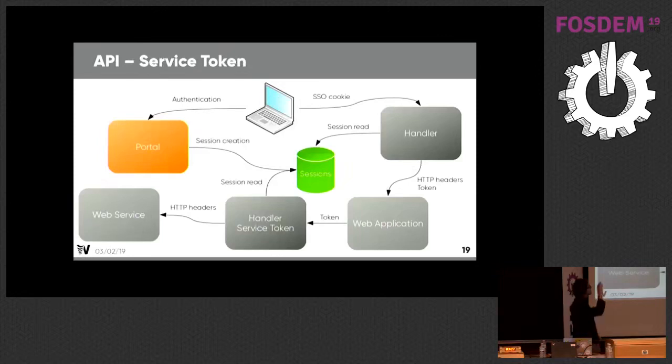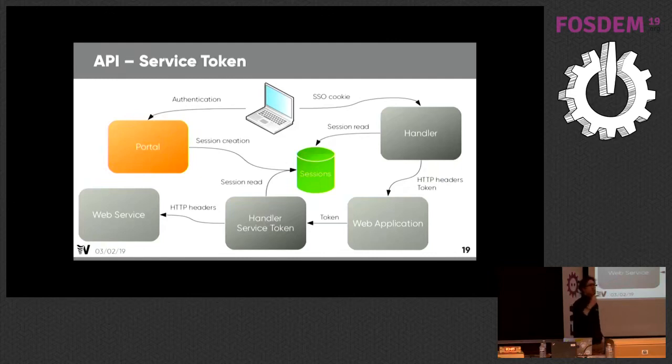You see that we still have the handler, so the authentication agent, in front of the web application, but we are able to put a second handler between the web application and the web services, the API. And the first agent is able to generate a token.